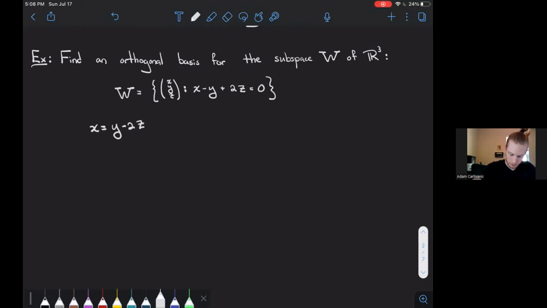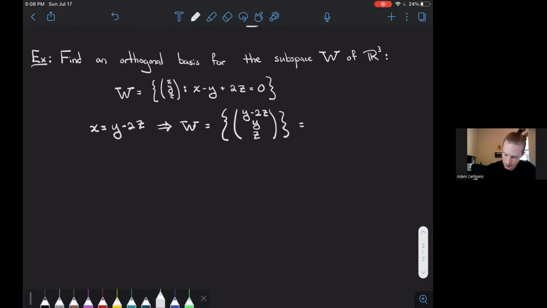In other words, W is the set of vectors y minus 2z, y, z, where you can have any real values for y and z.